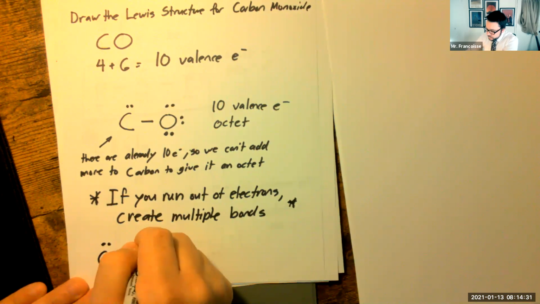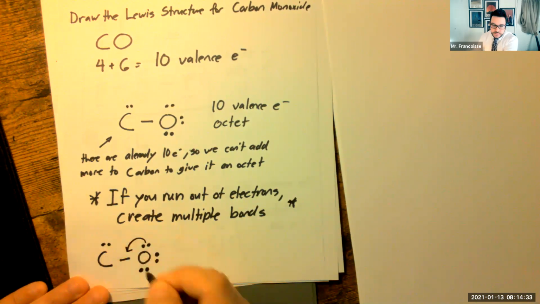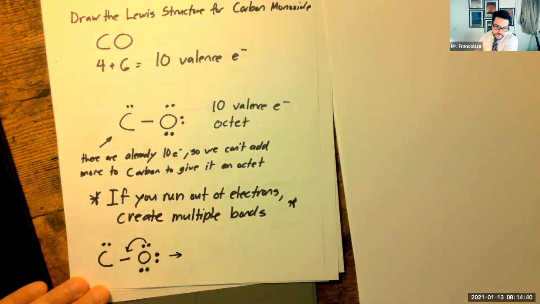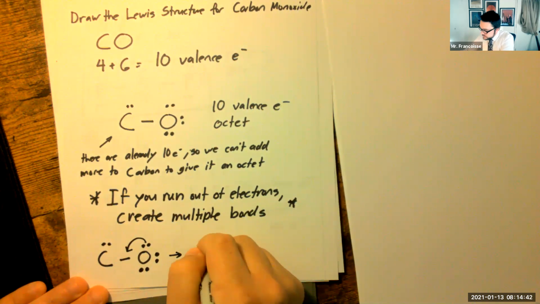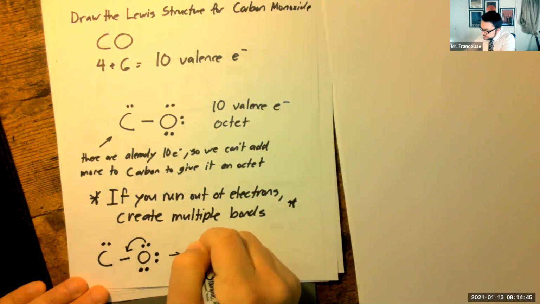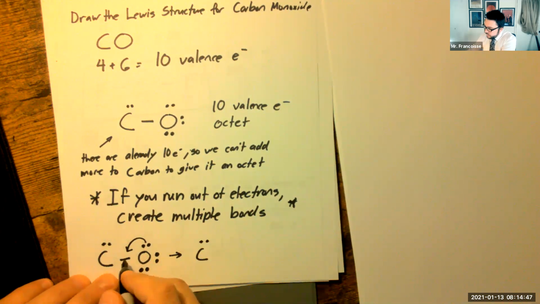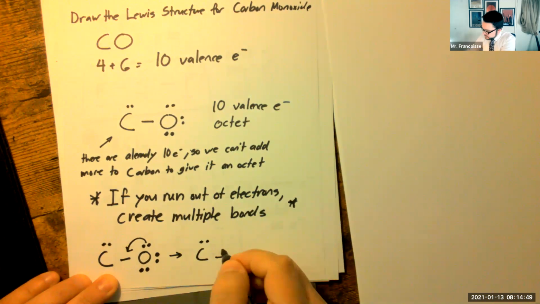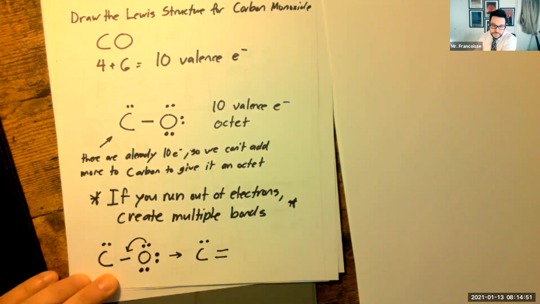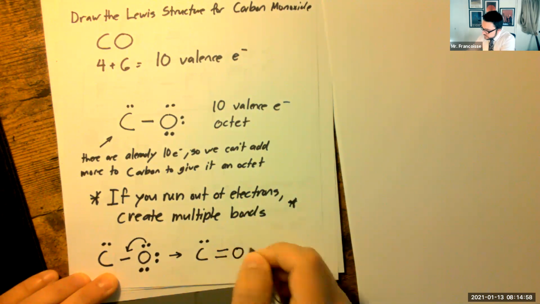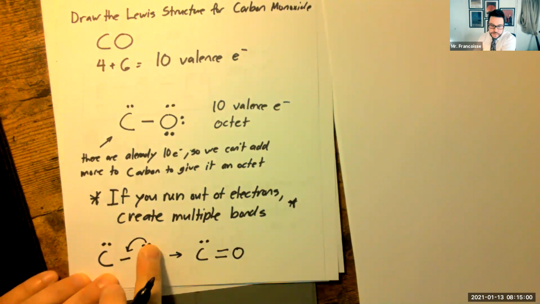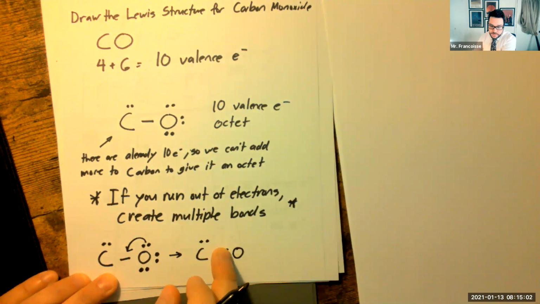So what we can do is we're going to move these electrons down here to make another bond. So what that'll look like now is we have 1 line. We're going to make 2 lines and call this a double bond. So this is a single bond with 1 line. It's a double bond with 2 lines. So these electrons at the top aren't here anymore because they are down in this bond.